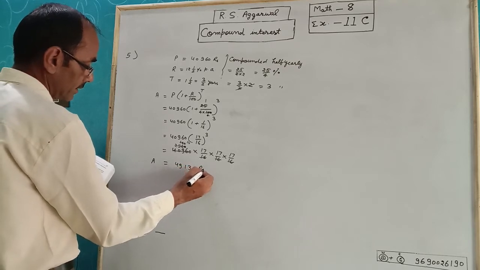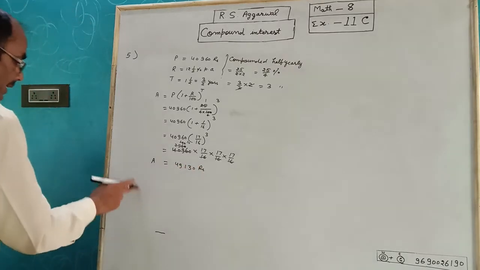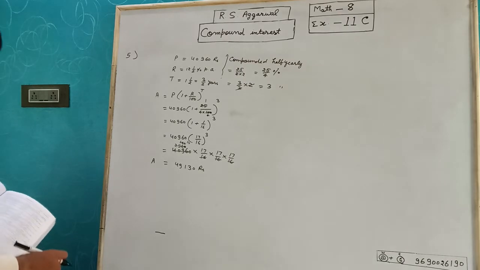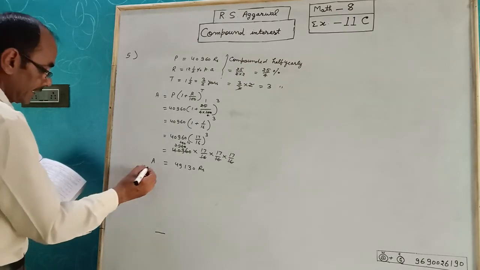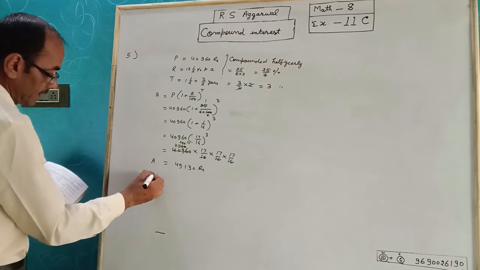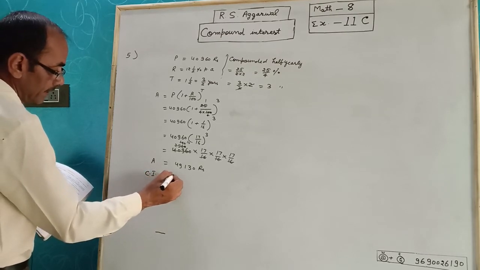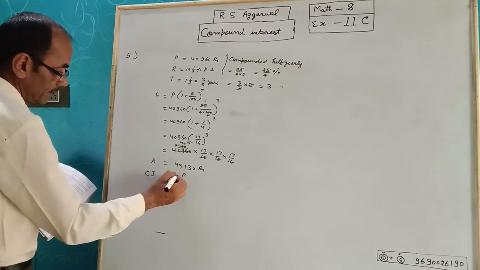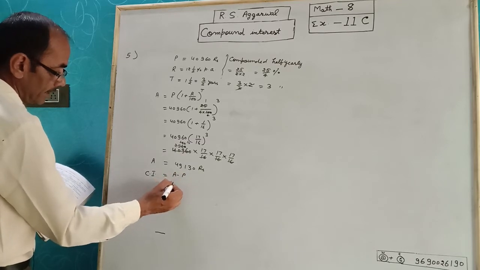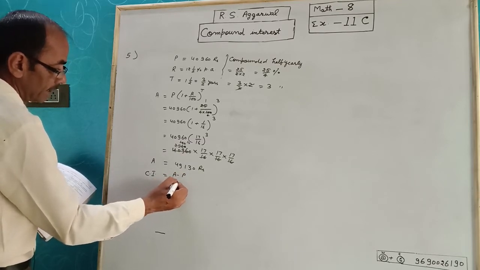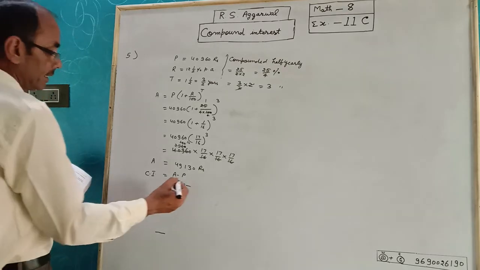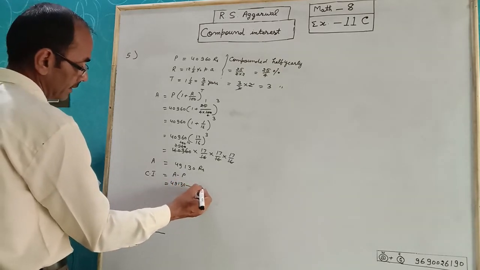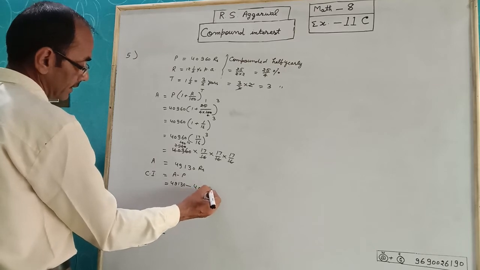49,130 rupees. He paid to the bank. Interest CI will be A minus P. A here is 49,130. P here is 40,960.